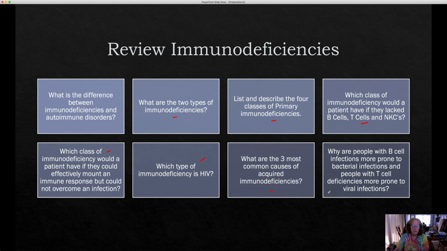Know the 3 most common causes of acquired immunodeficiencies. And people with B-cell deficiencies are more prone to bacterial infections, and those with T-cell deficiencies are more prone to viral infections. Why is that? Look at the mechanism of those two and understand the function of the immune system and how, when we suppress one part of it, it affects other parts of the immune system.